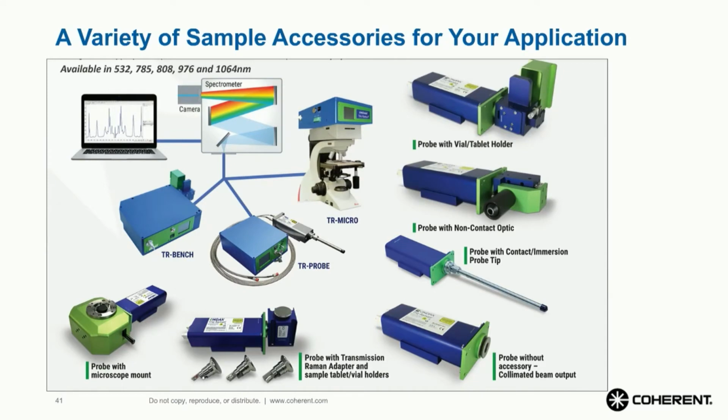For the modules, we have a variety of different sample accessory options, depending on what's going to be optimum for your specific interface for your samples. So you can use our vial or tablet holder in the top right-hand corner for use with, say, HPLC or scintillation vials. Below that, we have our non-contact optic.